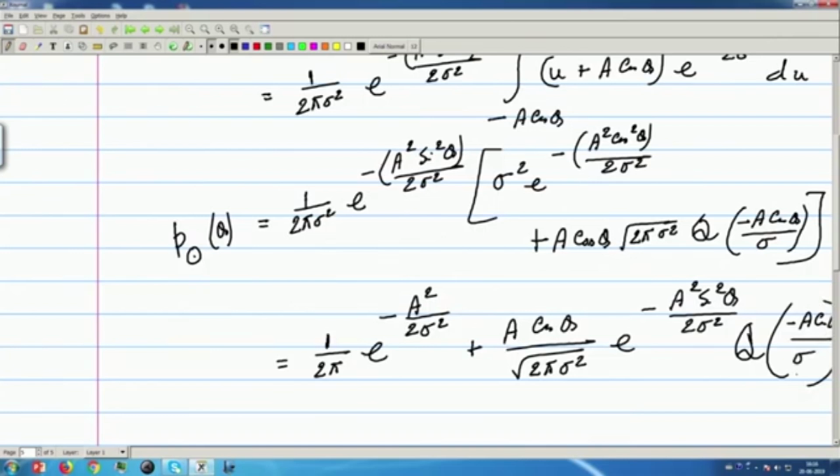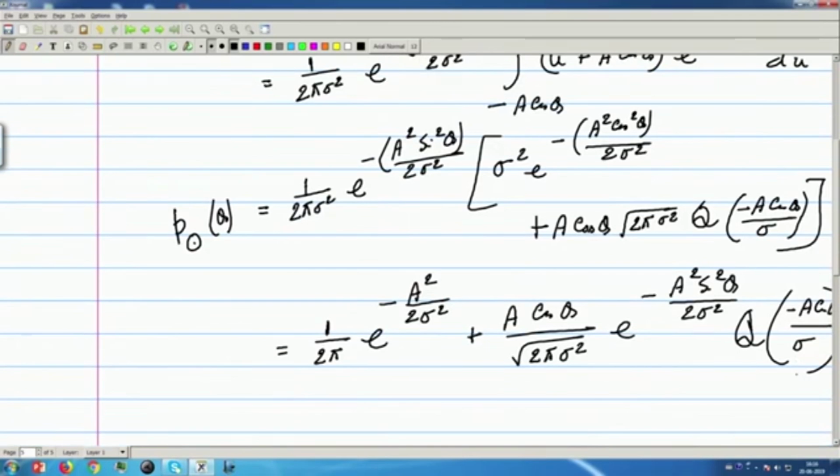So, the phase distribution is sum of the two parts.